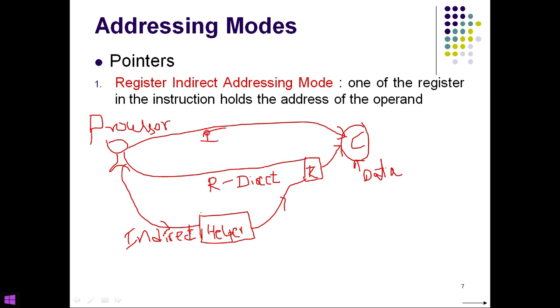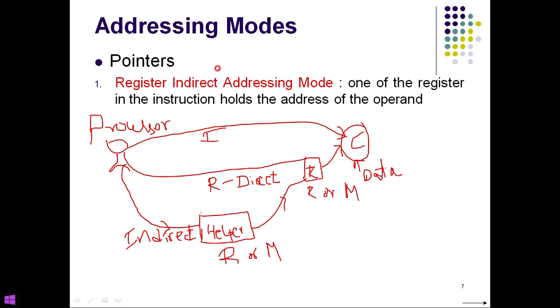Instead, we have put the address of one of the registers. This helper could be a register, or it could be a memory location. Similarly, this Ramesh Anna could be a register or a memory location.